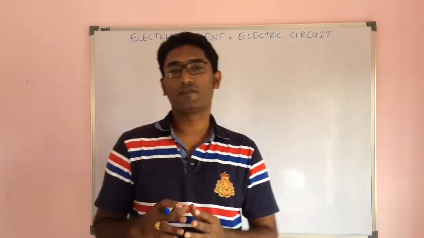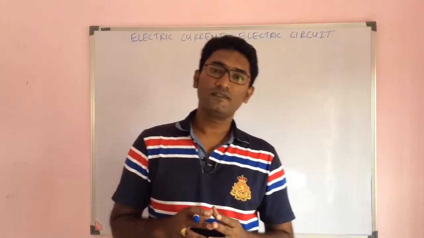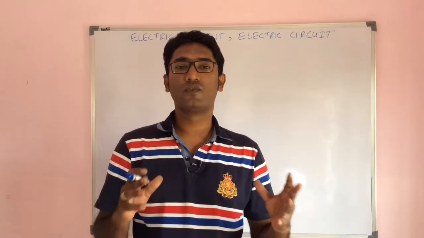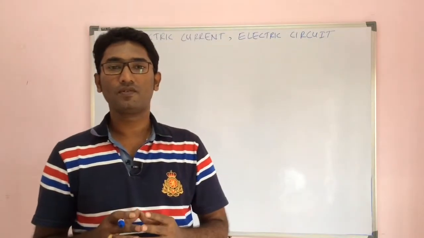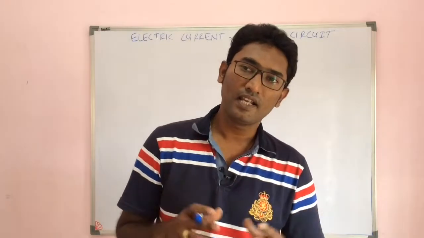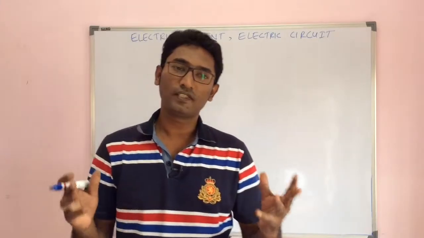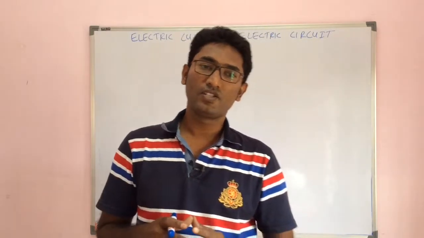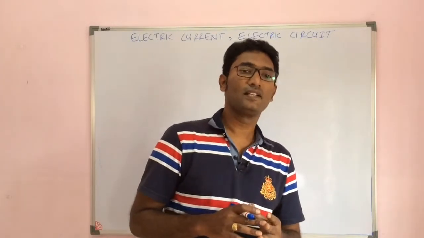Electrons are considered as a cloud of negative charge. So there are two types of charges, positive and negative, and these two charges exert force on each other. For example, a negative charge and a negative charge repel, two positive charges repel each other, and a positive charge and a negative charge attract each other.